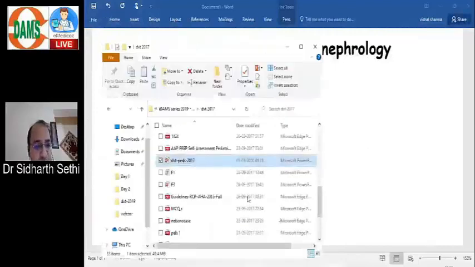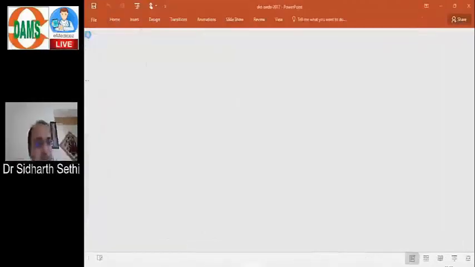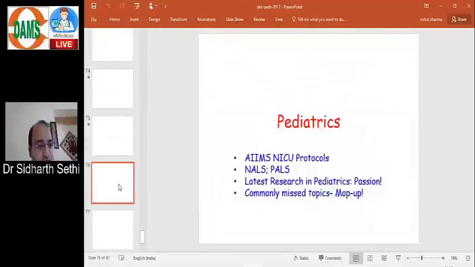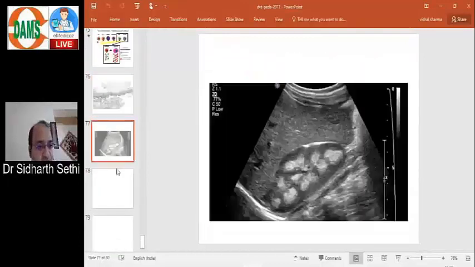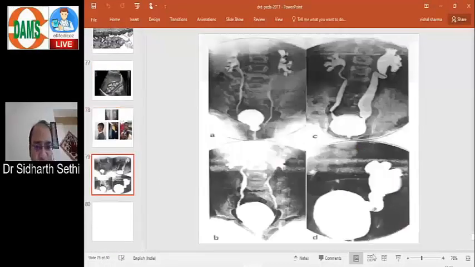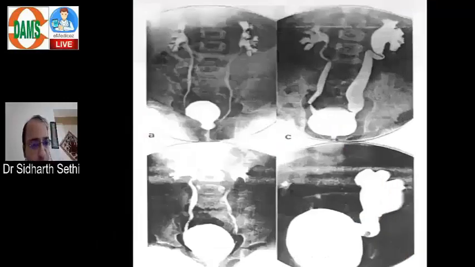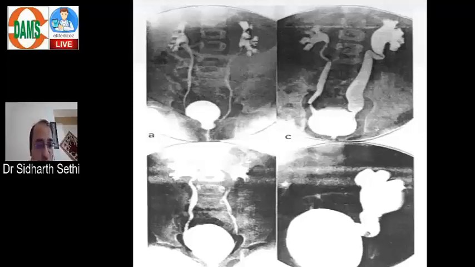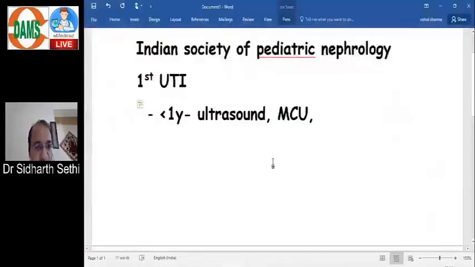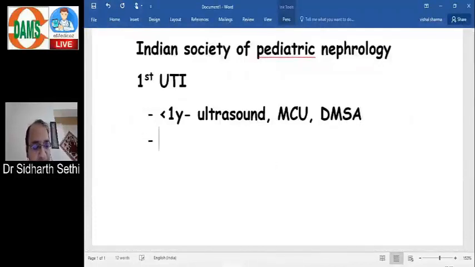I'll just show you a VUR here. This is an MCU showing different grades of VUR from grade 1 to, on your right side down below, a grossly dilated tortuous ureter. That's a grade 5 VUR. So MCU is the investigation of choice for VUR, and DMSA for scars.